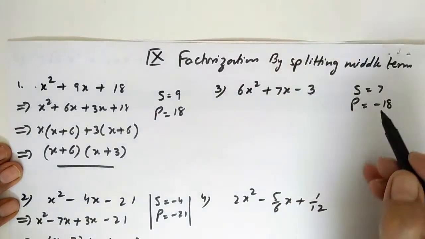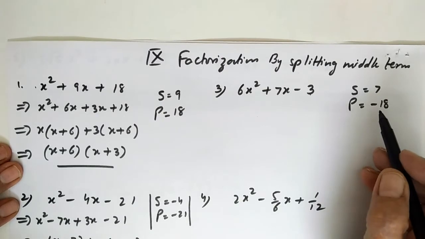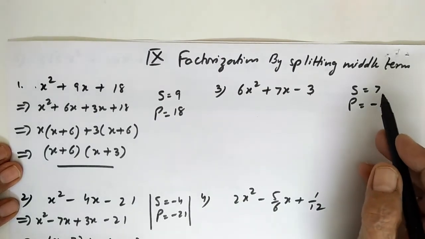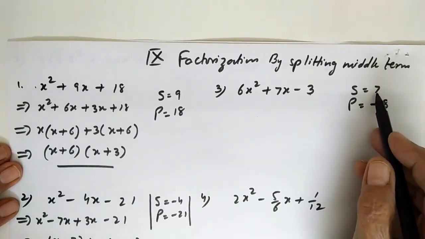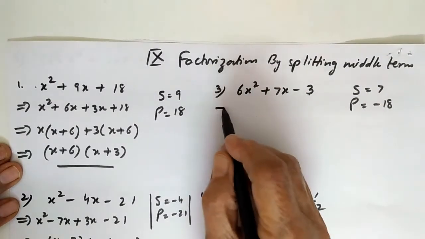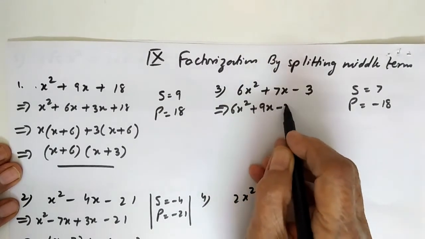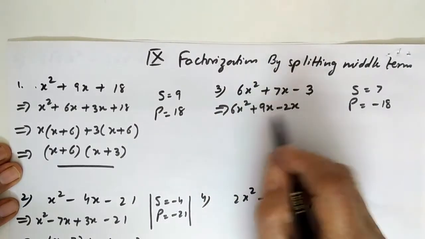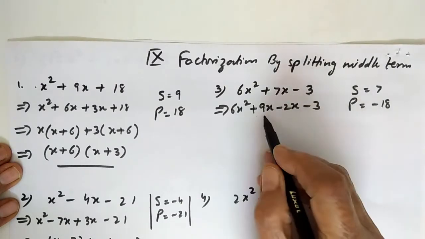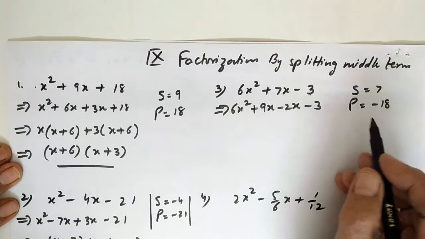Now sum is 7 but product is negative, it means one term should be negative. It means we can write 9 and minus 2. 7 will be there. This is 6x square plus 9x minus 2x. It will be 7x, and product 9 times 2 is 18, and because of the minus this will be minus 18.